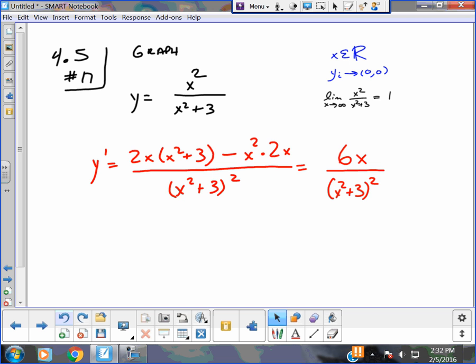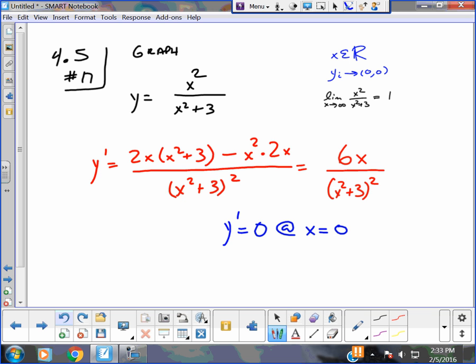That's kind of neat. And again, the first thing we want to do is find the critical points, where the first derivative is either equal to 0 or undefined. It's not undefined anywhere because of the same thing: the bottom is x squared plus 3. We can't make that 0, no way, no how. The top can be 0, so y prime can be 0 at x equals 0.